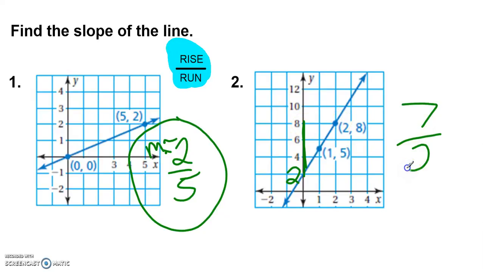So 7/2. So let's just make sure. So we have 2, and then here's 3, so that's 1, 4, that's 2, 5, that's 3, 6, that's 4, 7, that is, oh crap, okay.